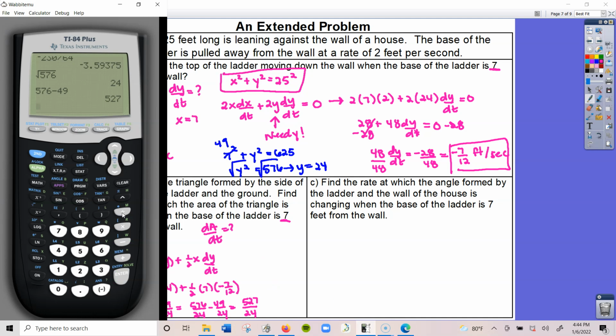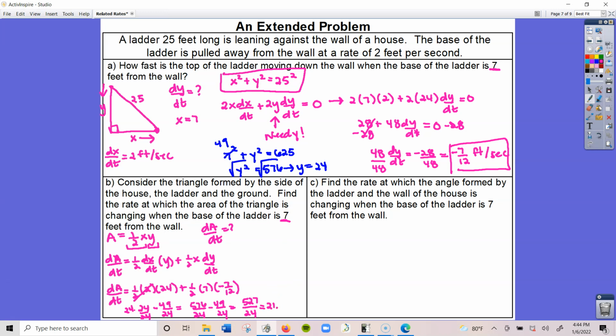If I take 527 and divide it by 24, we get 21.9583. And my units here, because this is area, are feet squared per second.